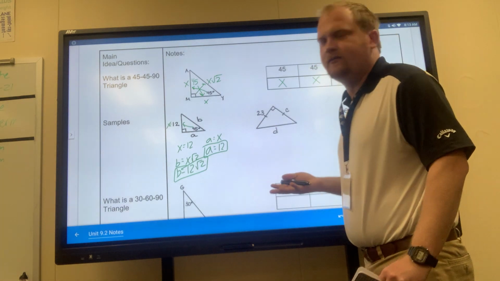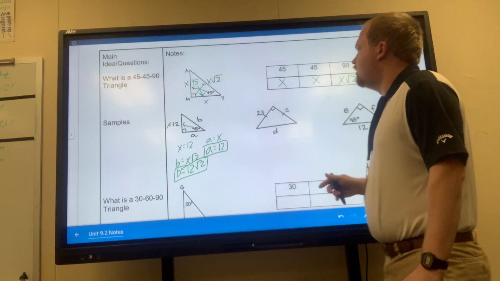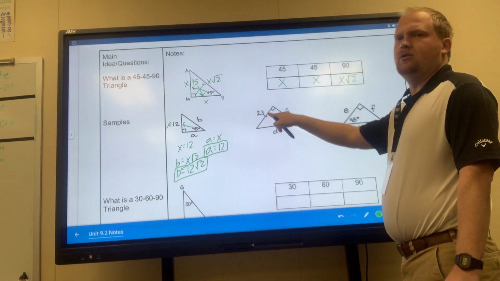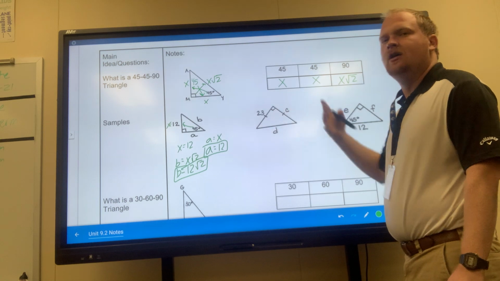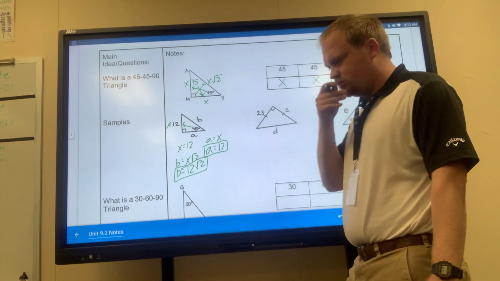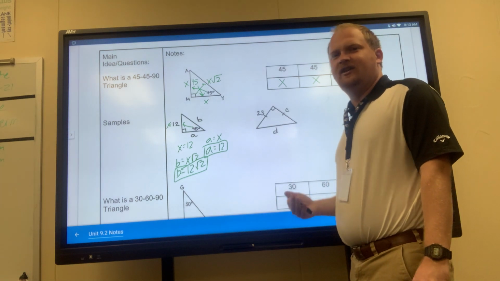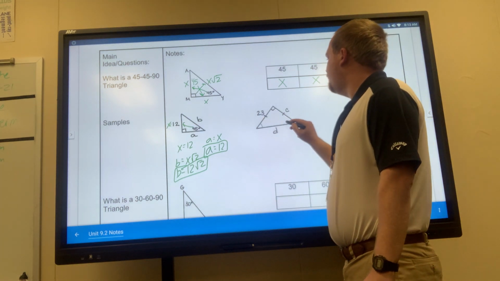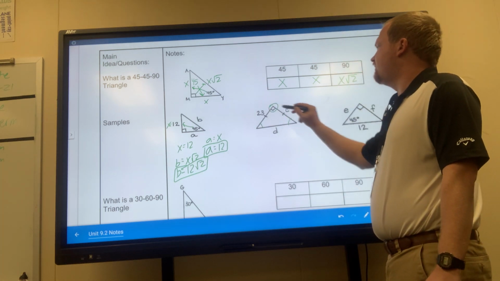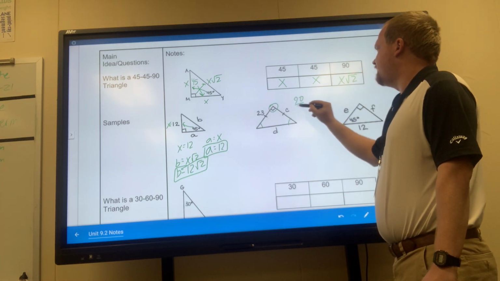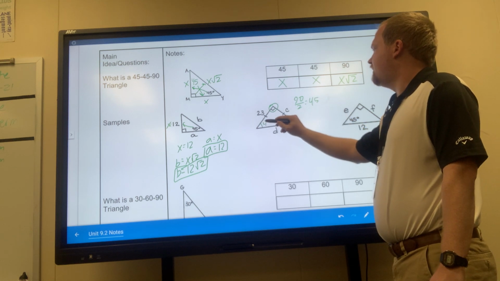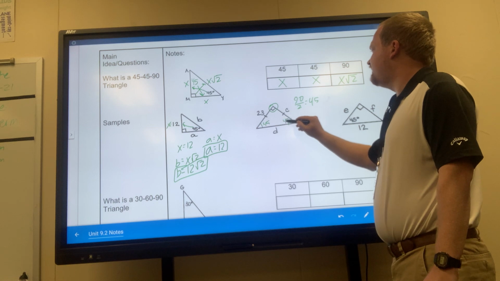That seems simple enough. So let's look at this next one. But wait, both my sides are the same. But let's think about this real quick. If we know the lengths are the same, we know the angles have to be the same. And since this is 90 degrees right here, 90 divided by 2 is 45. So guess what? They're both 45 degrees.